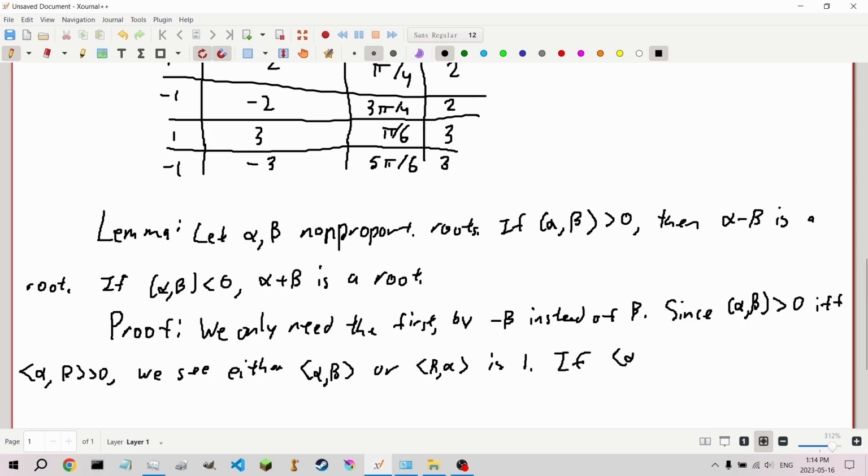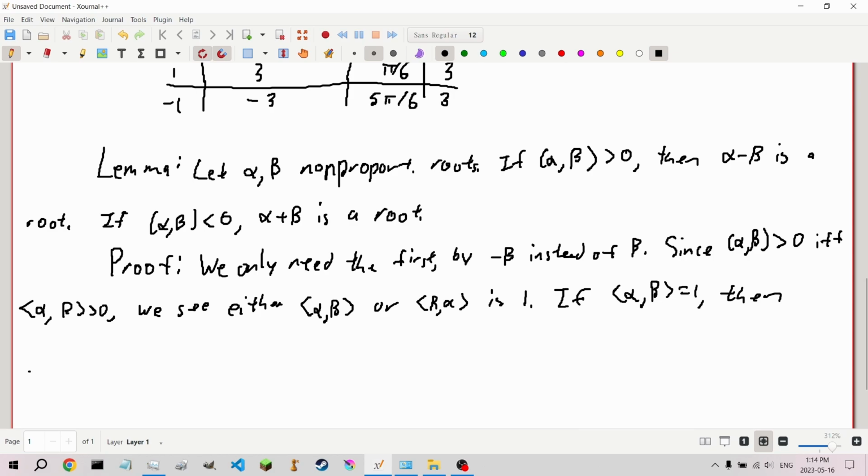If it's the bracket of alpha on beta, then sigma of beta on alpha, the beta reflection of alpha, is alpha minus beta, which is a root by axiom 3.